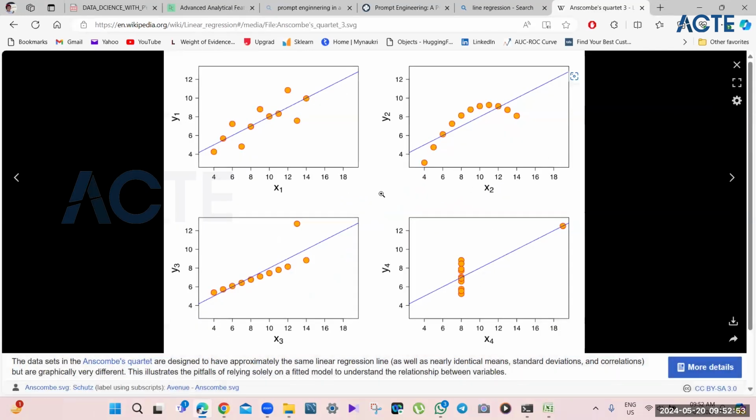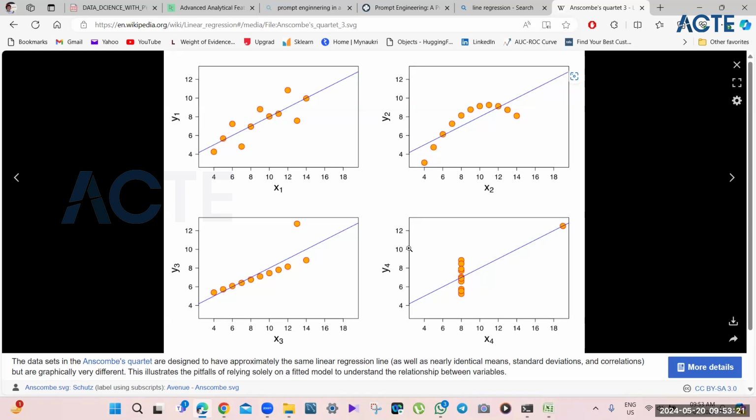Okay. So these could be your different lines. X1 and Y1: X1 is your independent variable, and Y1 would be your dependent variable, something which depends on X. Now, these could be your different sets of data points. Based on that, you have to take a call whether you need to do a linear regression or something else.